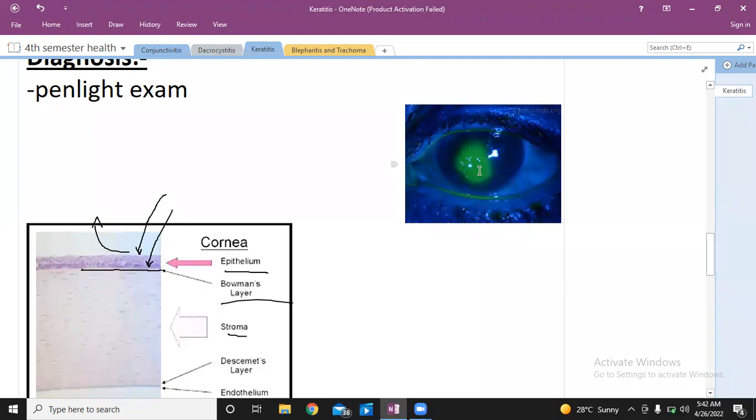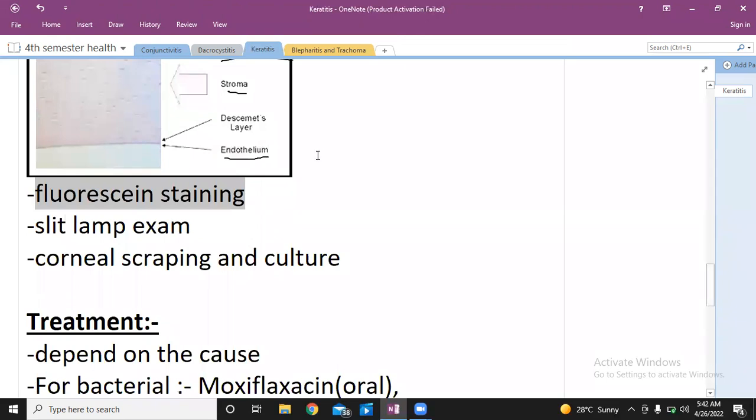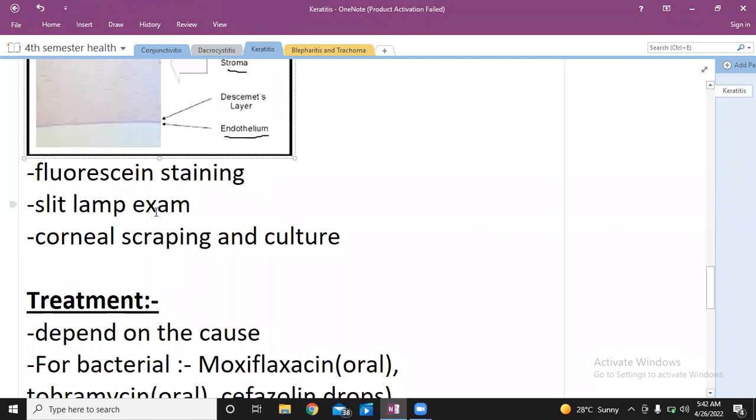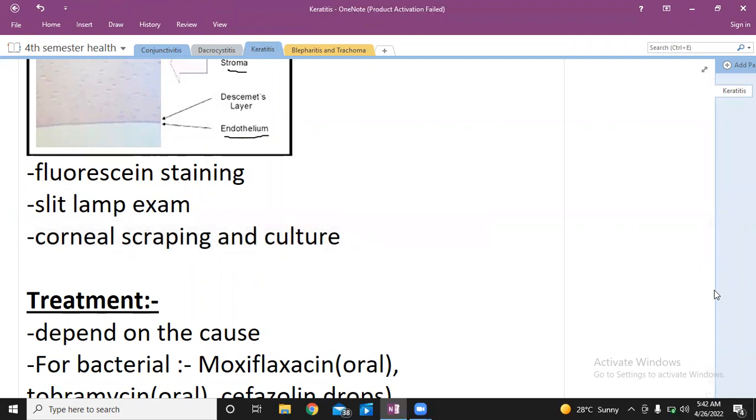If the stain gives you a greenish color, it means that corneal perforation or corneal damage is present. This will tell you about the extent of keratitis. You can also do corneal scraping and then culture that scraping. This will also be done in the lab.